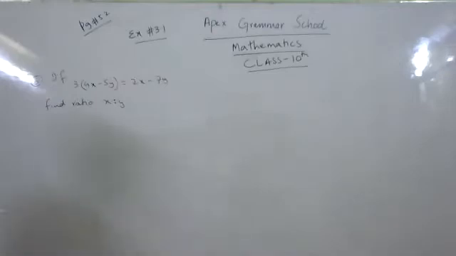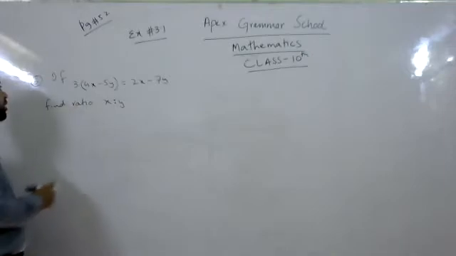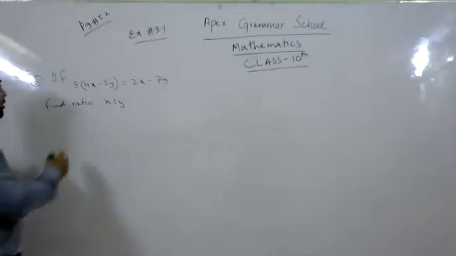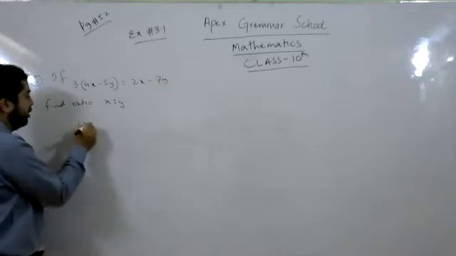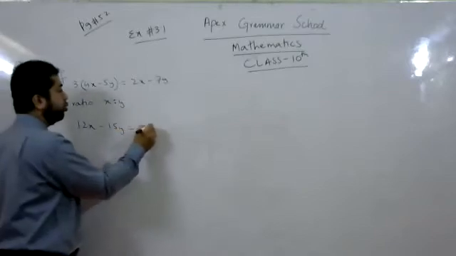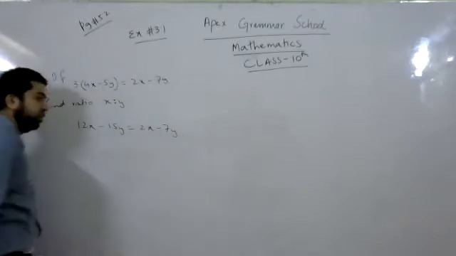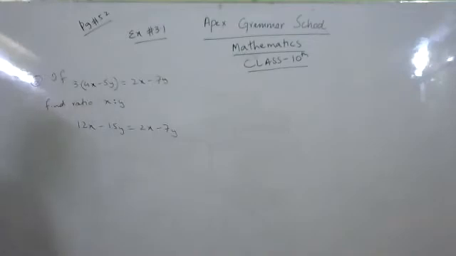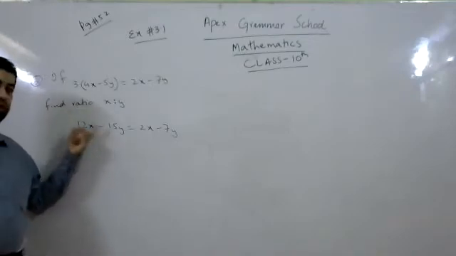We have an equation. After solving this equation, we can find the value of x ratio y. After multiplying the 3 inside, 3 4s are 12x minus 3 5s are 15y is equal to 2x minus 7y. We are left with 12x minus 15y.